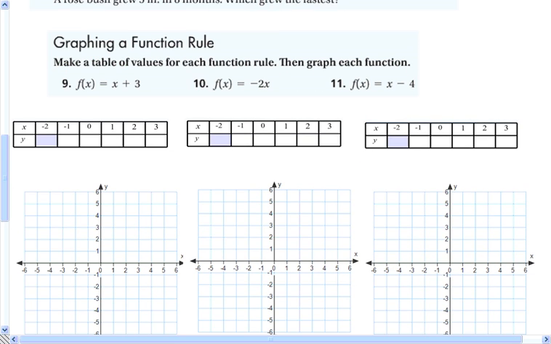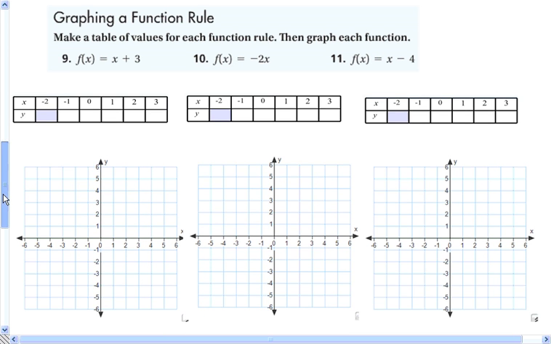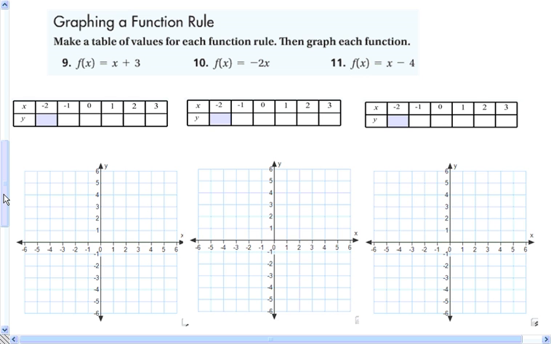Graphing a function. So one way to graph a function is to get some values for the function to plot. So we've chosen some input values x here, and we're going to find the output values. When x is -2, if I put -2 in for x and add 3, I get 1. When x is -1, if I put -1 in for x and add 3, I get 2.